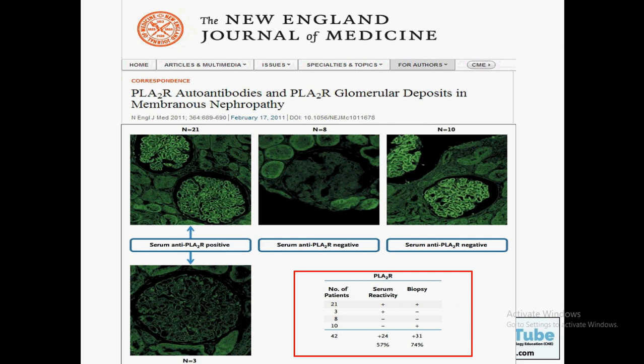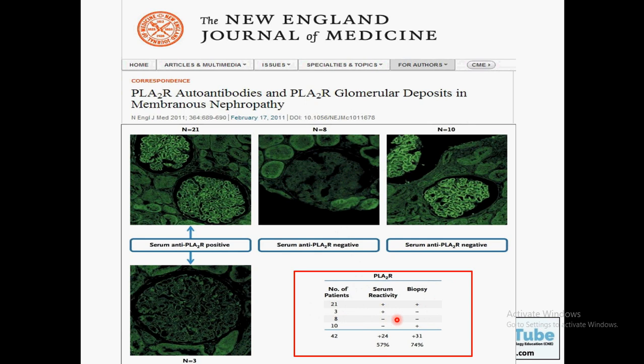One of the initial studies that examined phospholipase A2 receptor antigen and antibody in membranous nephropathy looked at the antibody in the serum and the antigen in the biopsy. In 21 patients it was positive in biopsy and in the serum. In 3 patients, they found the antibodies circulating in the serum, but the stain was negative for the antigen.